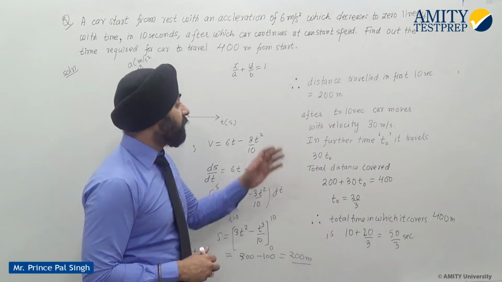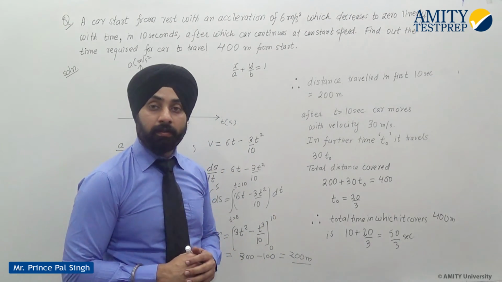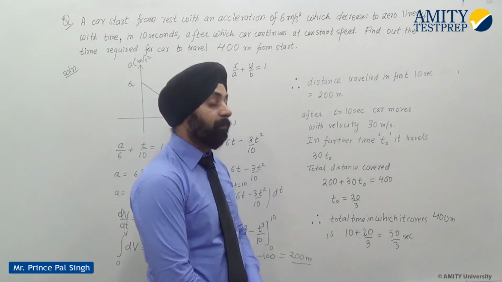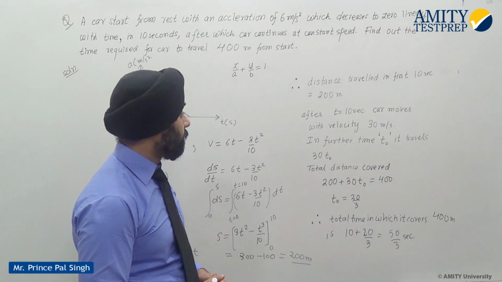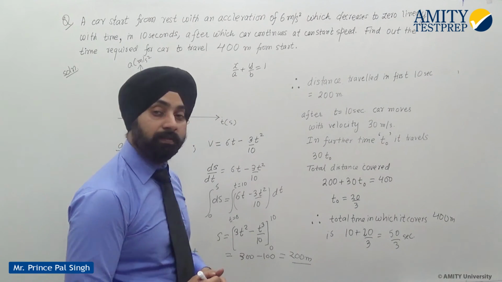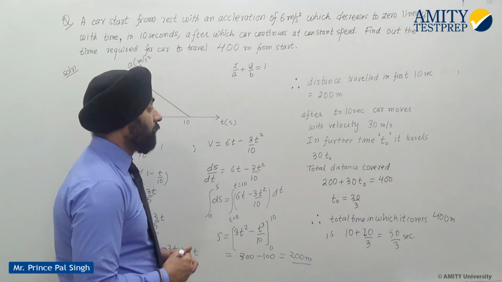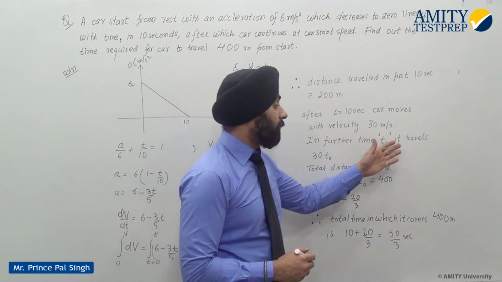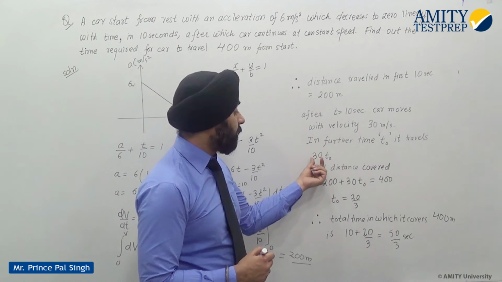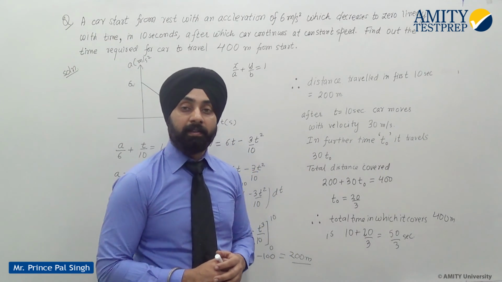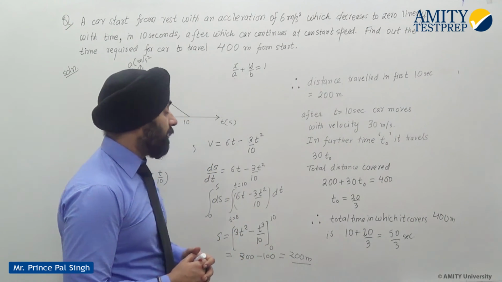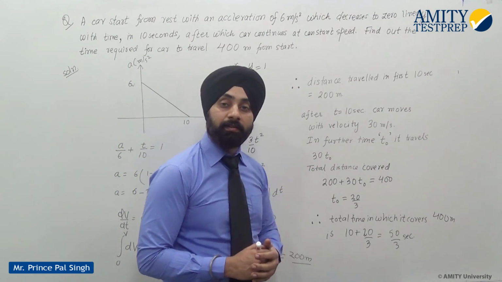Now, after t equal to 10 seconds, it moves with a velocity of 30 meter per second, because after that the acceleration is 0. The velocity does not change. In a further time t naught, it travels a distance equal to the constant velocity times the time taken, so it travels a distance of 30 times t naught.